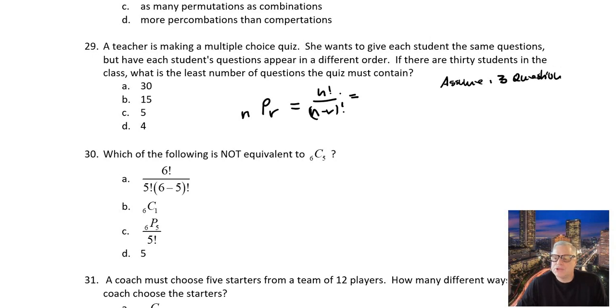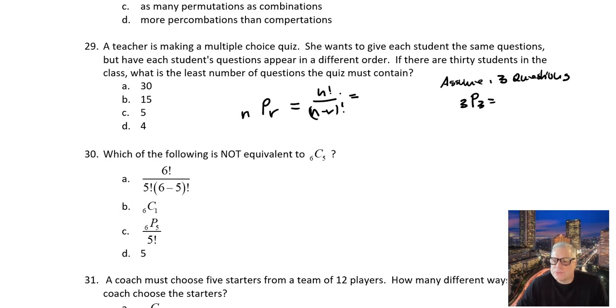How many ways are there to shuffle 3 questions? So now we would say how many permutations do we have? So now we would say 3. But then how many different ways do we want to choose? Well, we always choose 3 then, right? So this is n equals r.